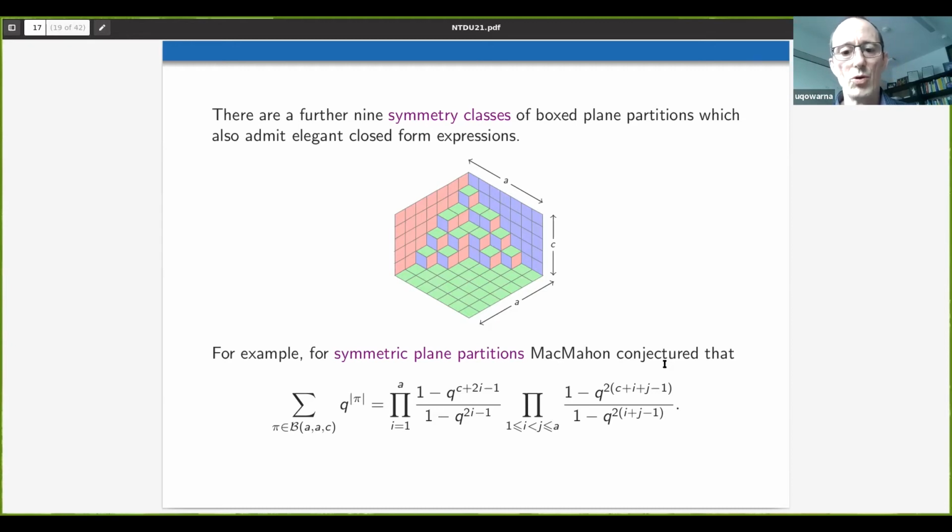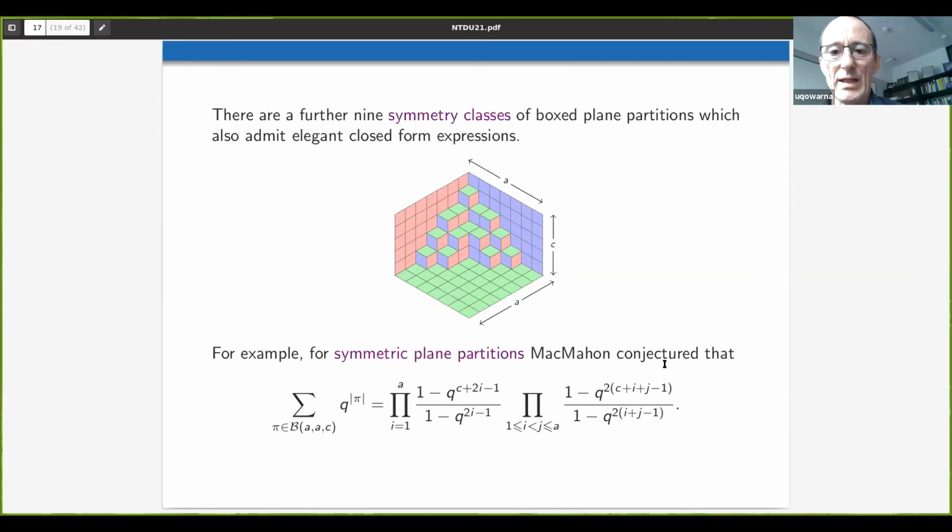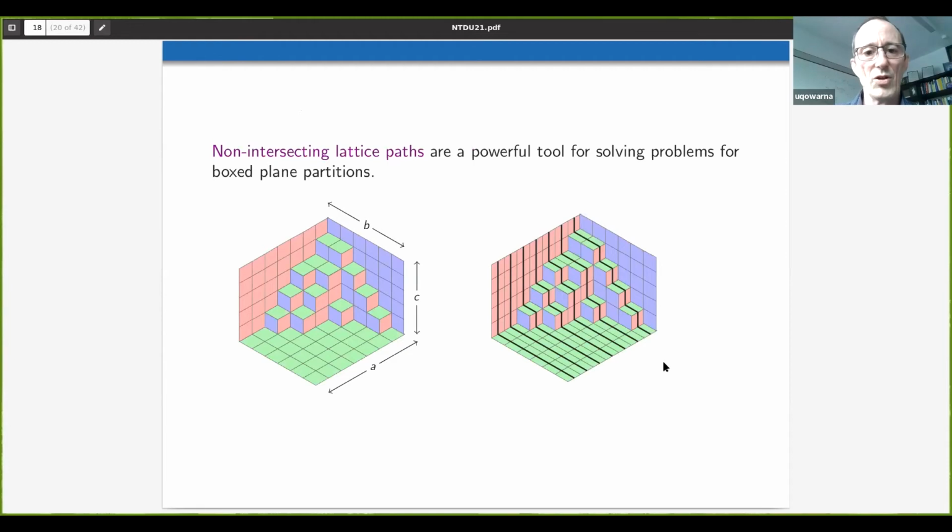Now, how would you compute the generating function of plane partitions, whether with or without symmetry? Essentially you can just repeat what I did earlier with the q-binomial coefficient, which I represented as a Dyck path starting at the origin and going to some fixed point.